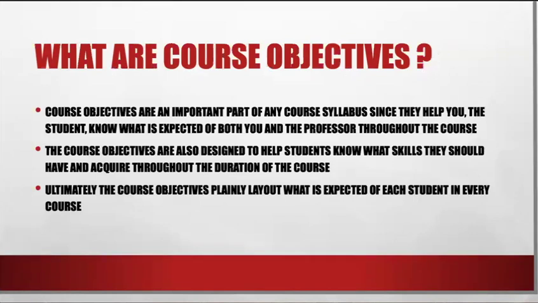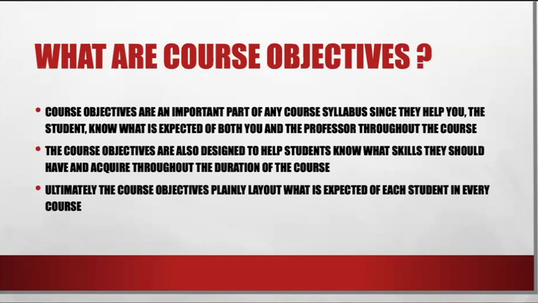So, for example, if you're taking college algebra, one of your objectives would be to learn and apply the distance formula. So you would have to make sure you are doing everything associated with learning the distance formula.